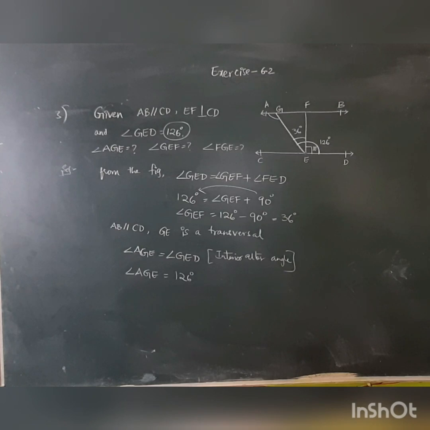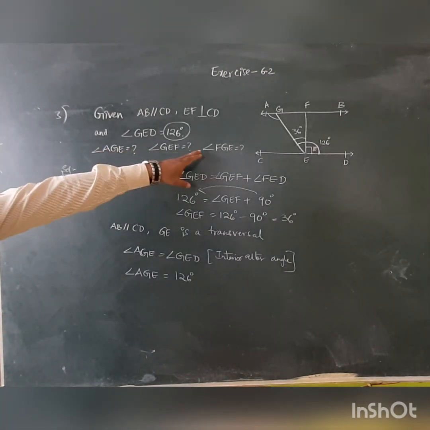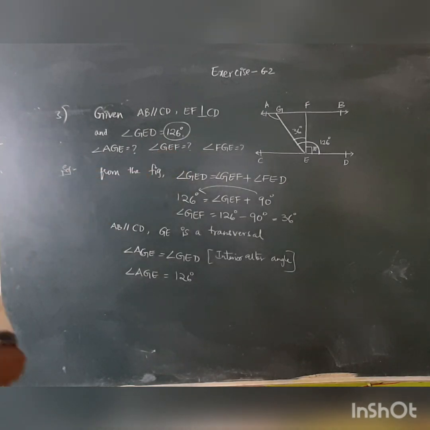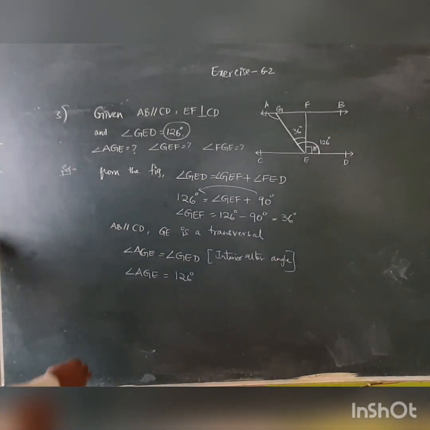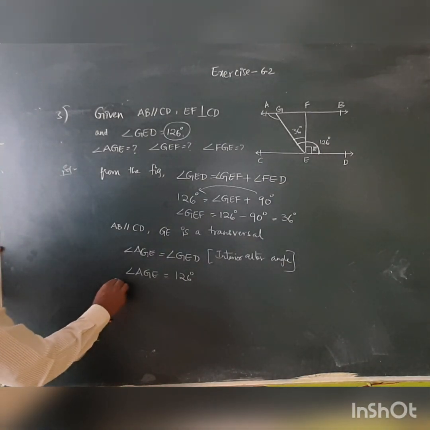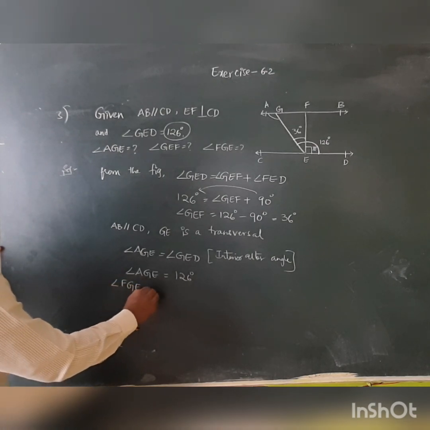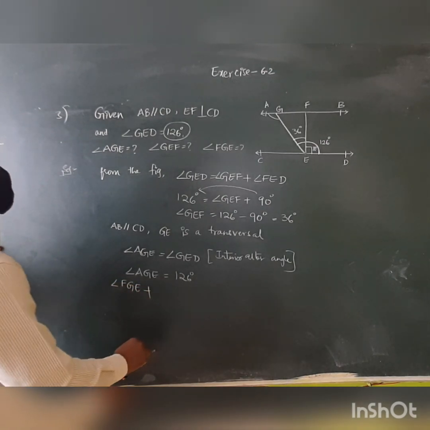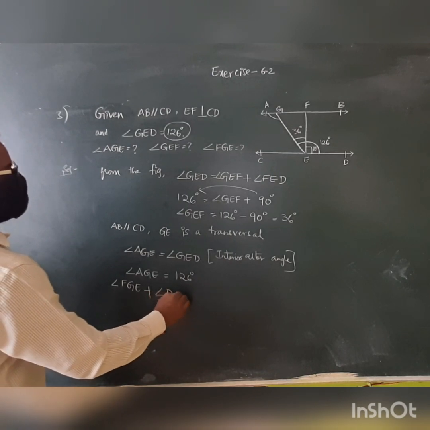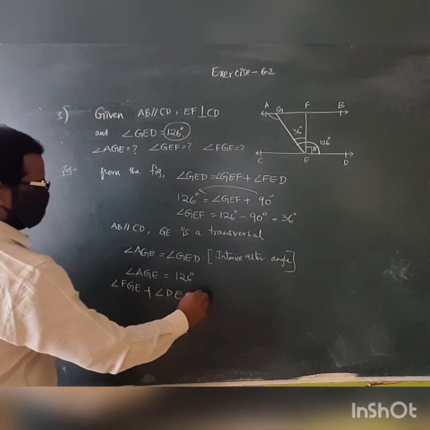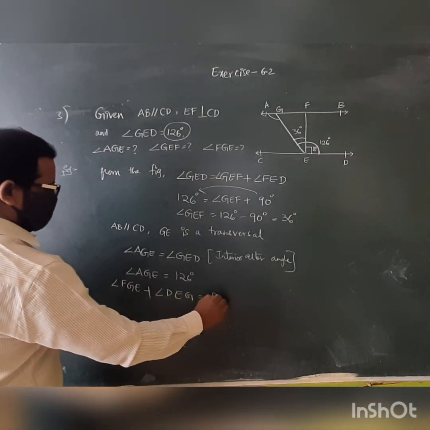Now let us find the remaining angle, that is FGE. We have to find FGE. Angle FGE plus angle DEG is equal to 180 degrees.